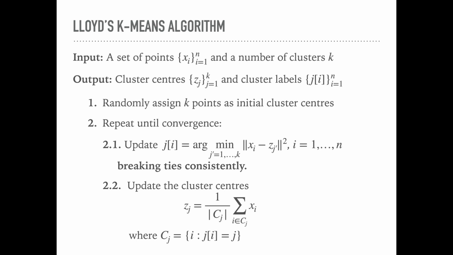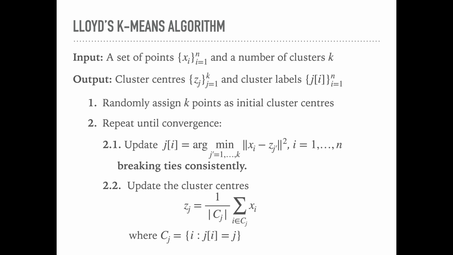And then you do two things, and you repeat these two things until stuff stops changing. The first thing you do: I have k cluster centers, Z1 to Zk, but I do not yet have cluster assignments. So I'm going to need those, and so I will compute them. For each of my data points, find the cluster center that is closest to the point. And there's a thing in bold here that says breaking ties consistently. What does that mean?